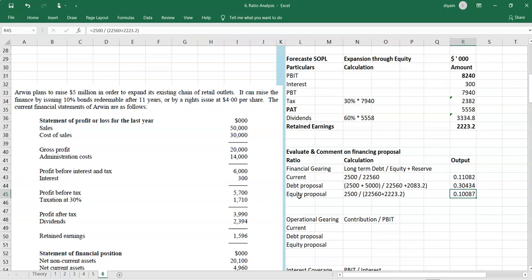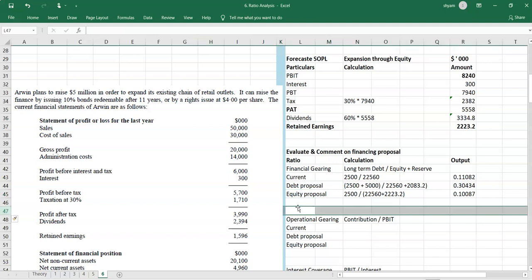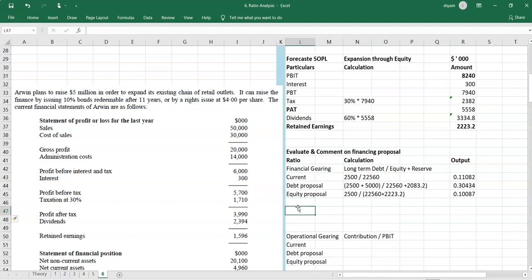See, in equity proposal, as the number of shares are increasing, we have to work that out, or else we won't get the answer. So number of equity shares issued, that we have to calculate, or else we won't get the number.